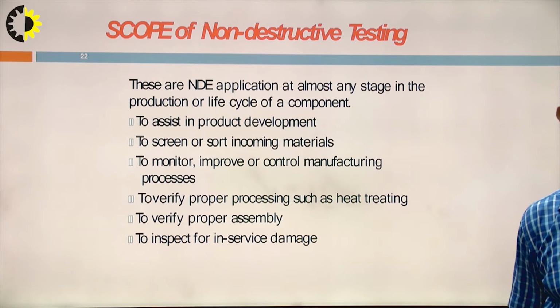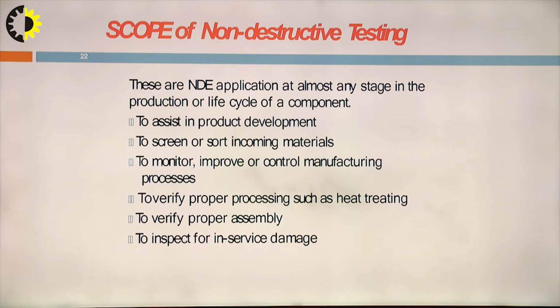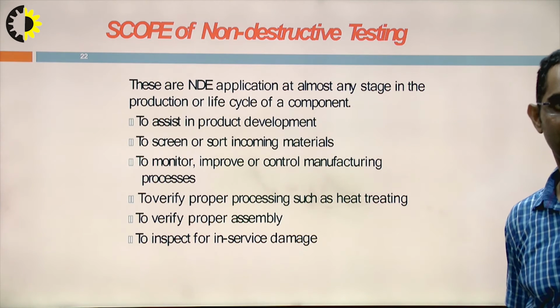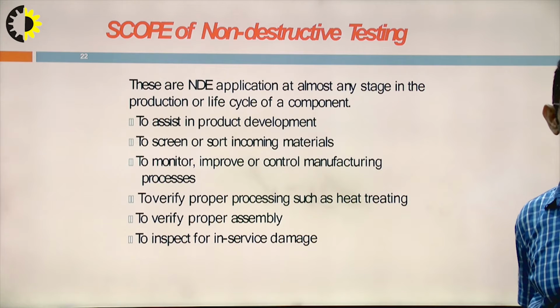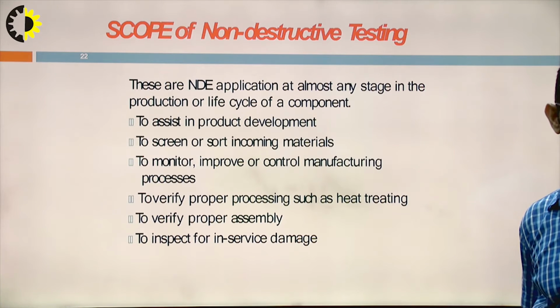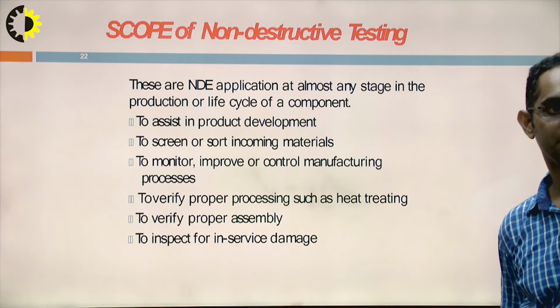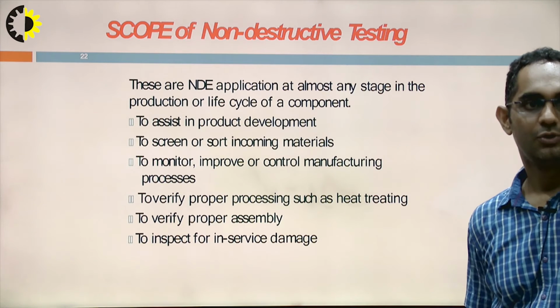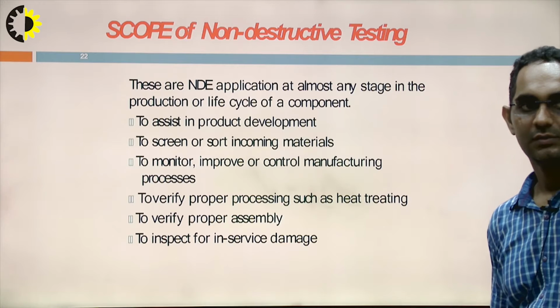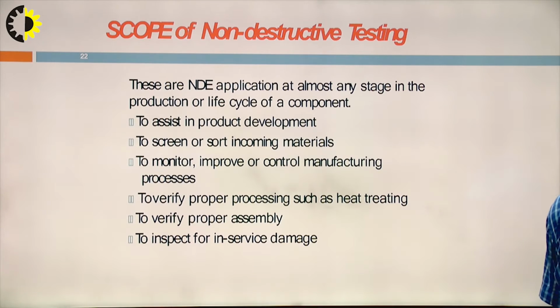First of all, to assist in product development, to screen or sort incoming materials, to monitor, improve or control manufacturing processes, to verify proper processing such as heat treating, to verify proper assembly, and to inspect for in-service damage.